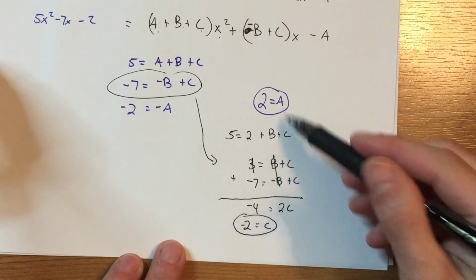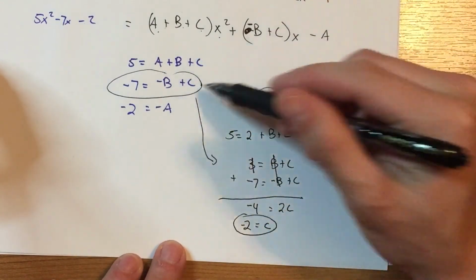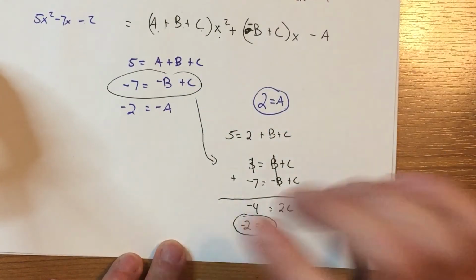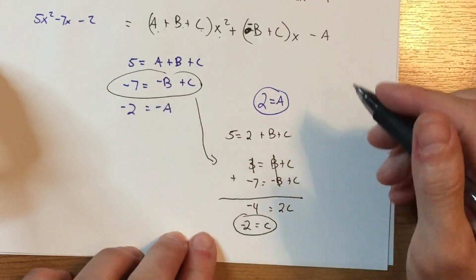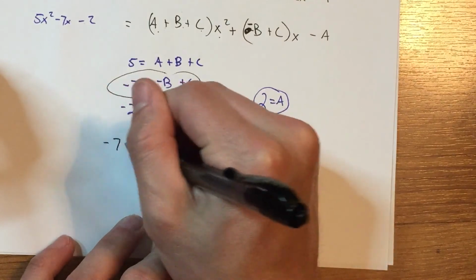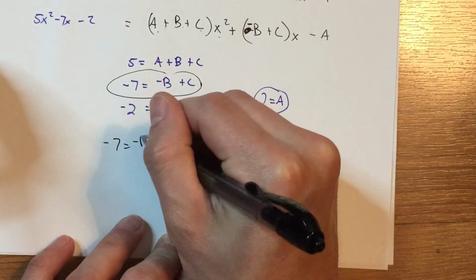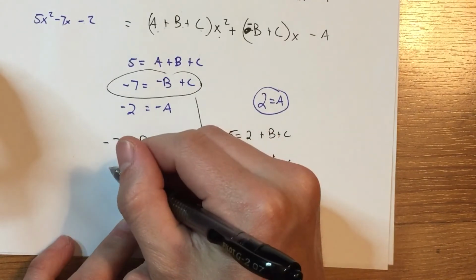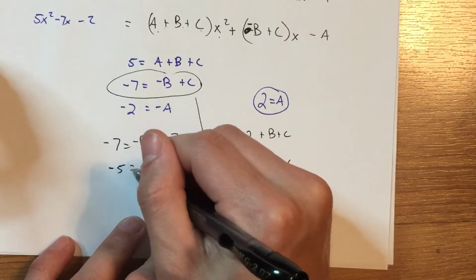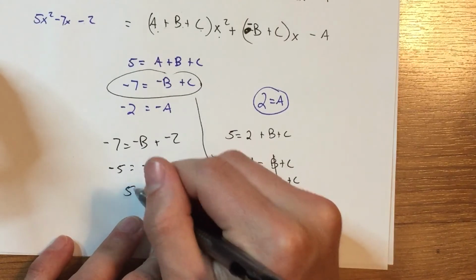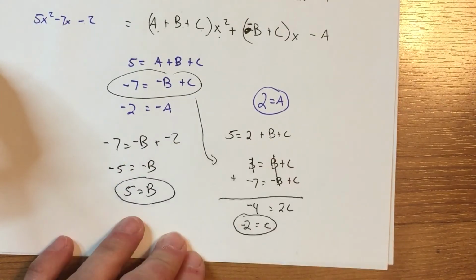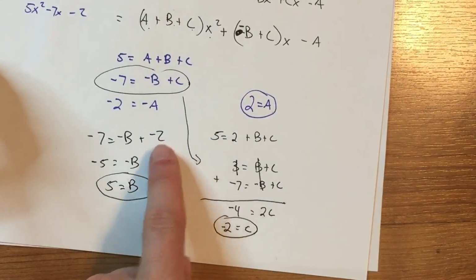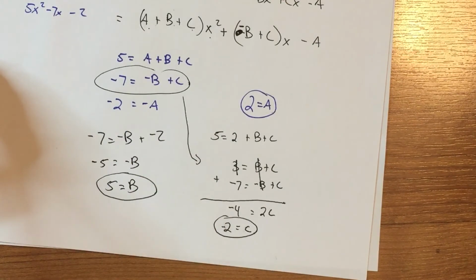Take this A and C term and plug it back into the first, or we can use the second equation. Doesn't really matter. So use that second equation right here. We would have negative 7 equals negative B plus negative 2. Therefore, negative 5 equals negative B, or 5 equals B. And all I do is add 2 to both sides and then divide by negative 1.